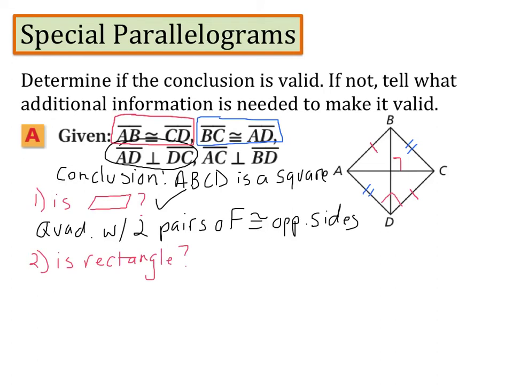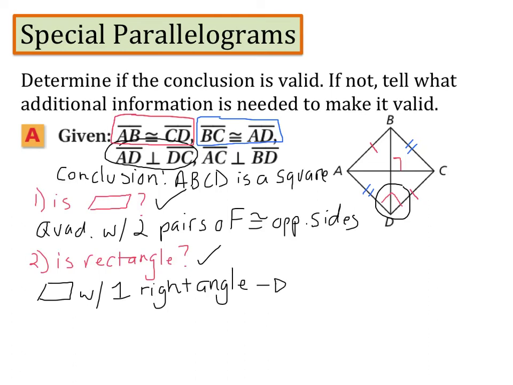Well, we know that ABCD has to be a rectangle because we said that if a parallelogram has one right angle, then it has four right angles, making it a rectangle. So is this a rectangle? Yes, it is. Why? Because if you have a parallelogram with one right angle, then you have a rectangle.